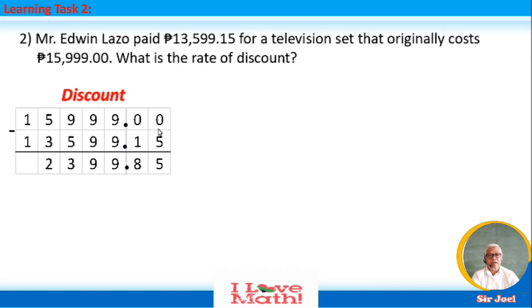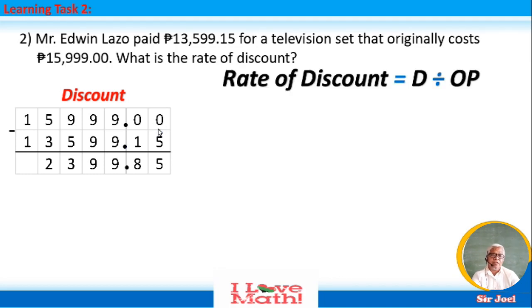Paano? I-subtract natin yung original price at yung price ng kanyang binayaran. So, kapag sinubtract natin, meron tayong 2,399 pesos and 85 centavos. So, yun ang amount na nadiskwento ni Mr. Lazo. Okay?